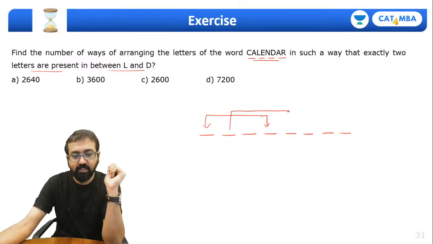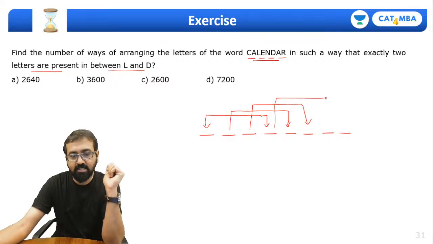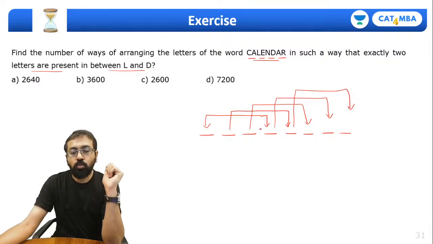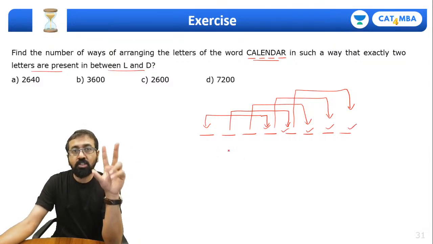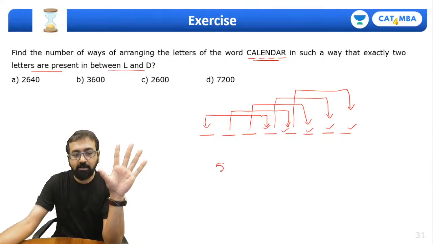Or it can take this and this position, or this and this position. So what is the total number of arrows that I have drawn? 1, 2, 3, 4, 5. Can I say L and D can be arranged on these 5 pairs of positions? So let me write down 5 positions, and L, D can be arranged in 2 factorial ways.